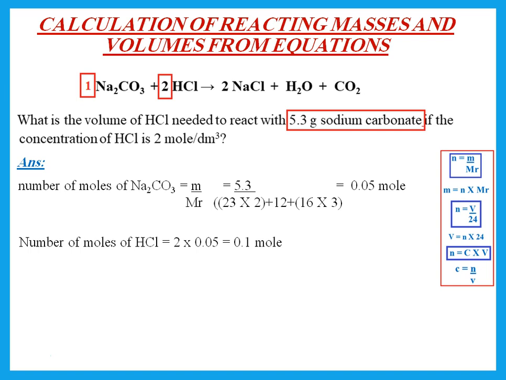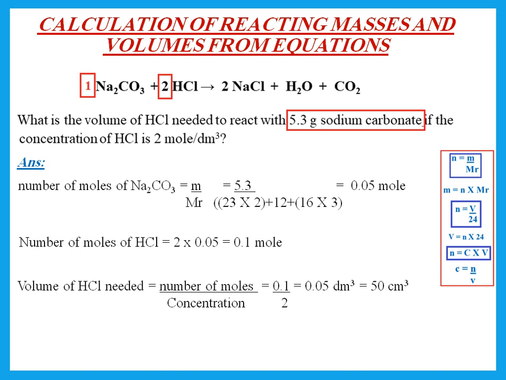Then what is he asking about? He's asking about volume. So how do I get volume? And remember, this is the volume of a solution. So the volume would be number of moles over concentration. I got the number of moles 0.1, and he gives me in the question that the concentration is 2.